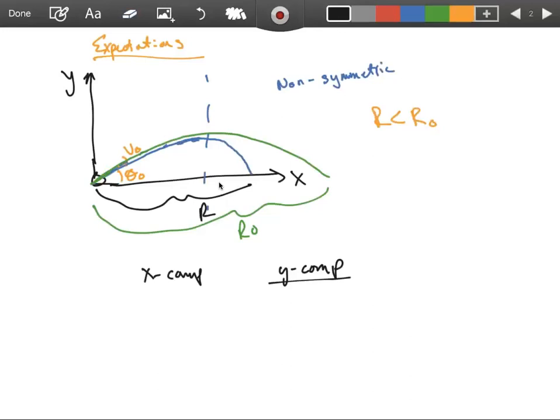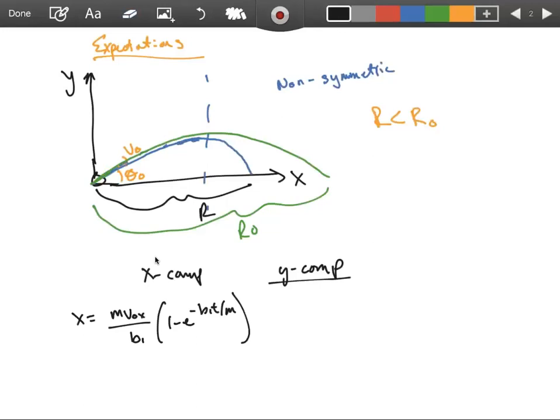If we go back to what we previously did, we can actually just read off what these things are. So in the x direction, using x initial equal to 0, I get x equal to m v initial x divided by b1, where b1 is the drag coefficient, times 1 minus e to the minus b1 t divided by m.